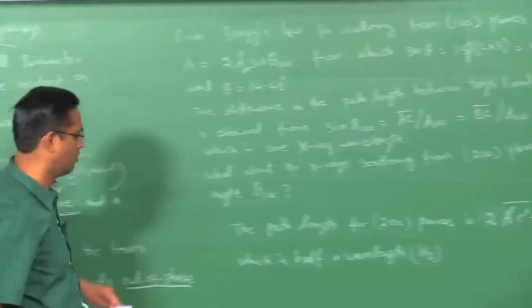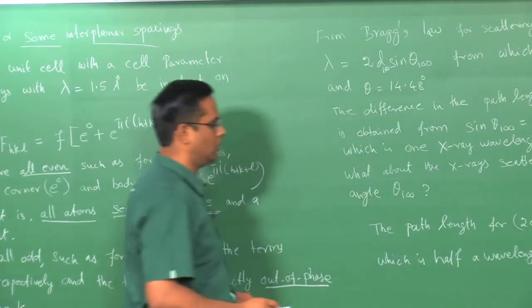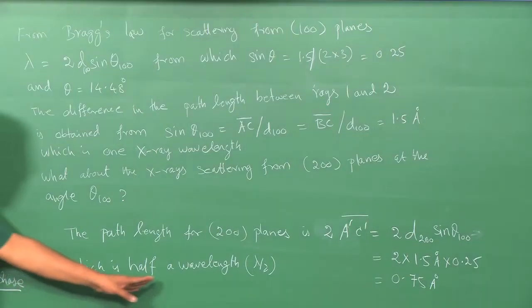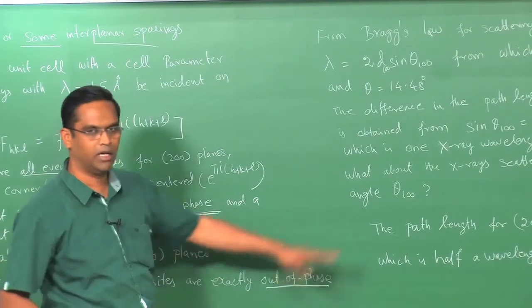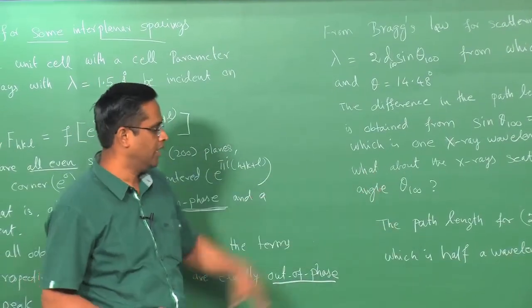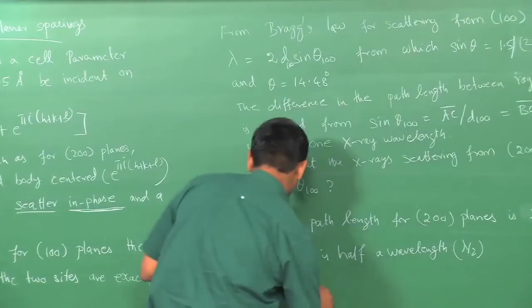So, what is the consequence if the path length from 200 planes is exactly half the wavelength, as we have discussed previously? It will completely cancel out the intensity.